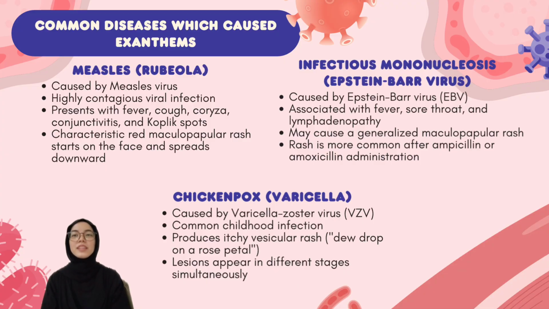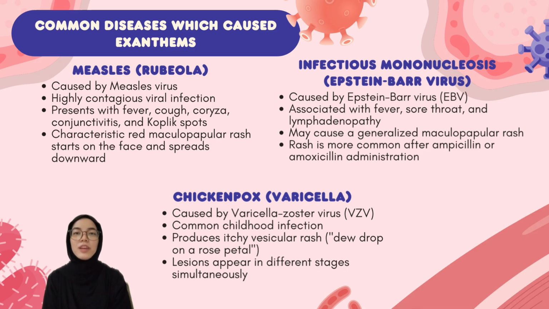First, we have measles or rubeola that is caused by the measles virus. It is a highly contagious viral infection. It might present with fever, cough, coryza, conjunctivitis, and also Koplik spots. The characteristic of the rash is that it will appear as a red maculopapular rash, start on the face, and then spread downward.